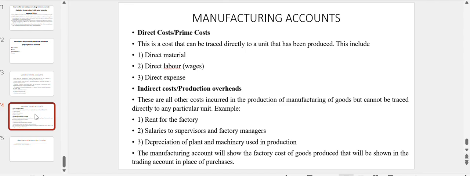So that is the first category. You can be asked this in the exam: explain 5 types of costs. So the first one is direct cost. Under direct cost, we have direct material, direct labor, direct expense.